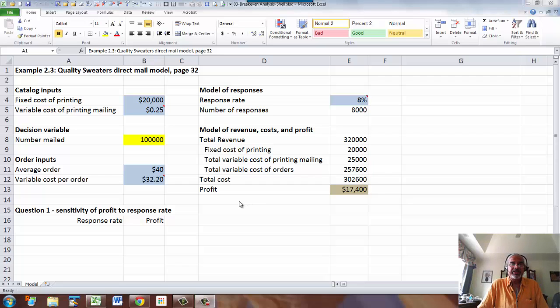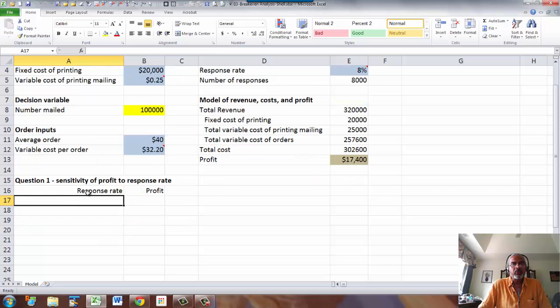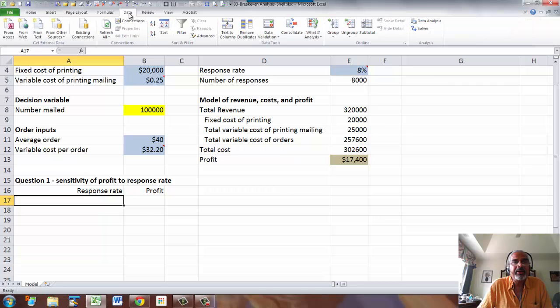And we want to do some sensitivity analysis. The first question is, what is the sensitivity of profit to the response rate? We want to use what is called a data table to generate this.